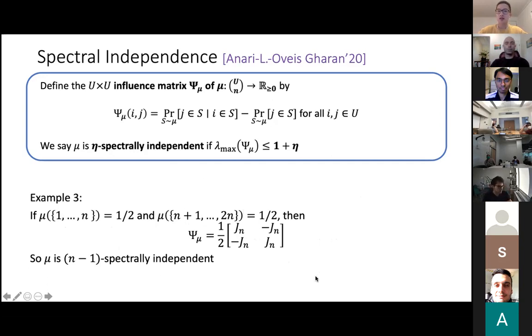So you can imagine that all the influences are very large. And indeed, the influence matrix is given by this matrix of 1s and minus 1s, with some scaling by 1/2. If you compute the largest eigenvalue of this matrix, you'll see that it's very large. It's linear in n. So this is the bad case. You should think of it as: when your state space is very disconnected, you will have bad spectral independence.